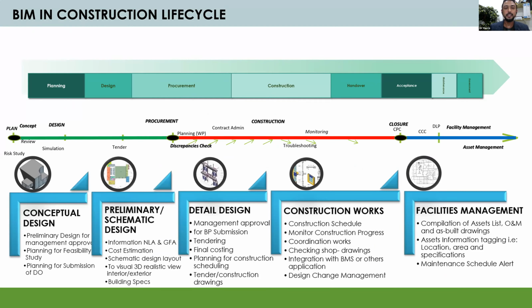But for the project, you have to implement BIM for the benefit of the project. Every discipline, every stakeholder has to collaborate in order to get the project benefit. It's not for the organization's benefit, but for the project benefit. So how you implement BIM for the project is different from how you implement BIM in the organization.